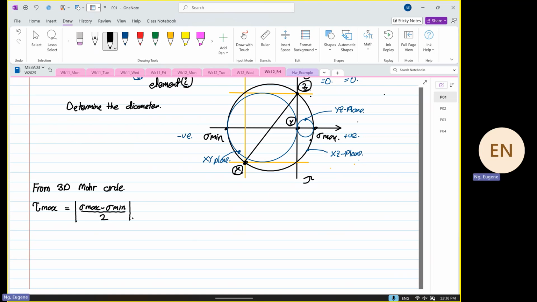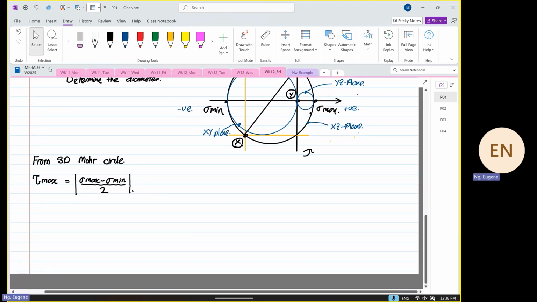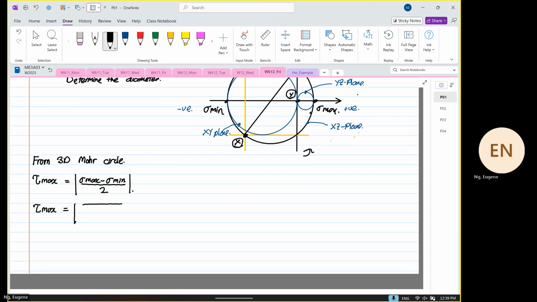And we have derived this out before. We know that the maximum shear will be equal to the square root of the absolute value of stress X minus stress Z divided by 2, squared, plus the shear xz squared. Okay, we have to apply this.